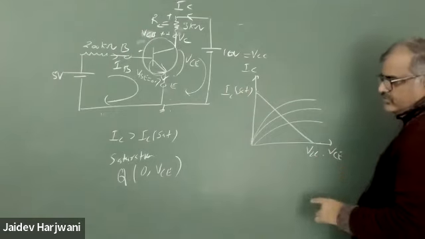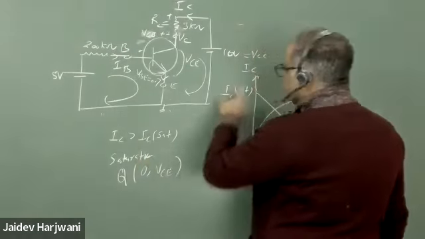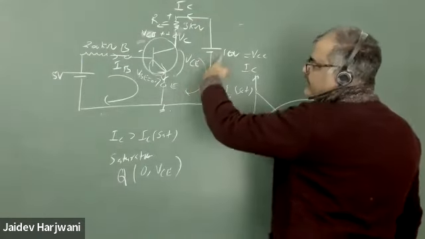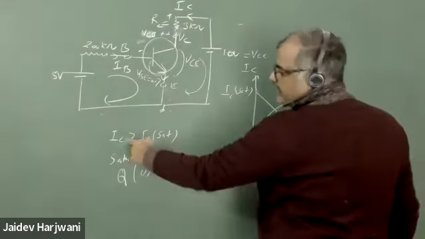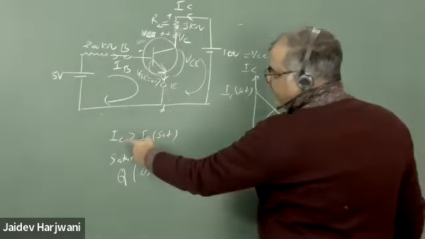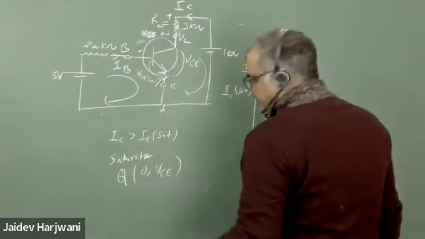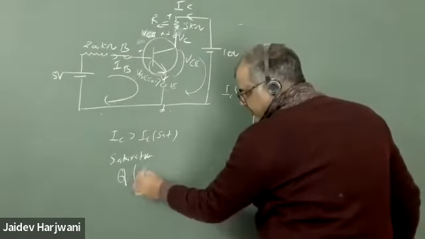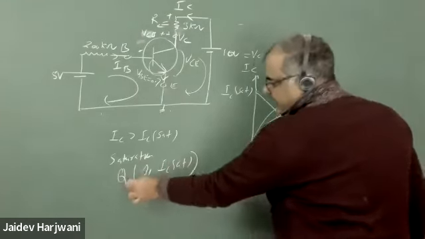So IC actually cannot be greater than IC saturation in this loop, because this voltage drop cannot be negative. So whenever you find a circuit where you get IC greater than IC saturation, you put your maximum: VCE equals 0, and current equal to IC saturation. Here this is your operating point.